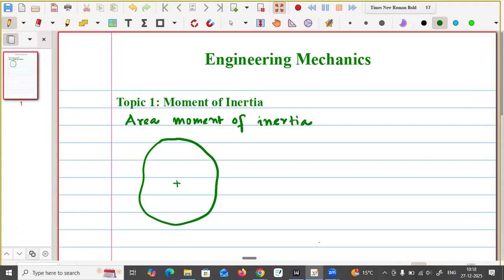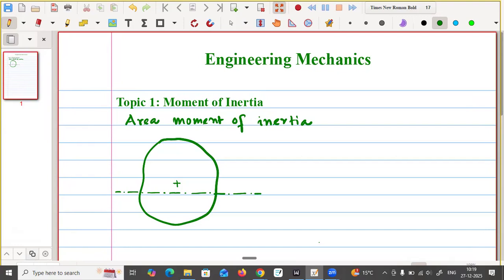Next, if you have some axis, we want to know how the area is distributed about that axis. This is actually the second moment of area.